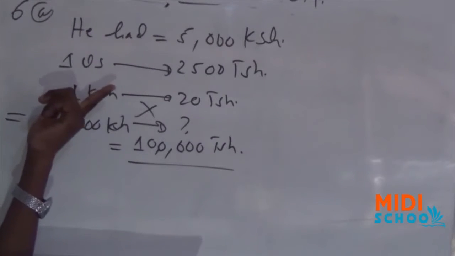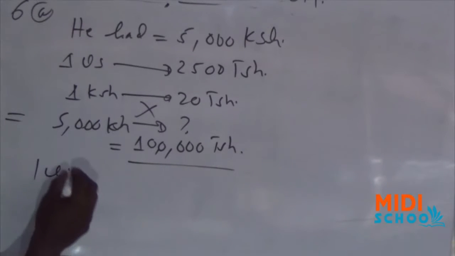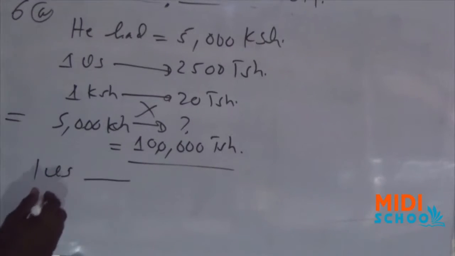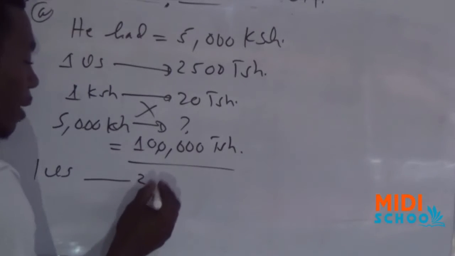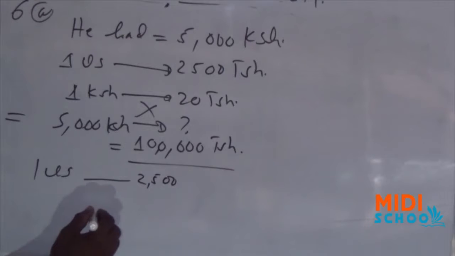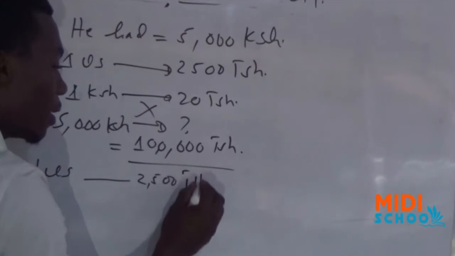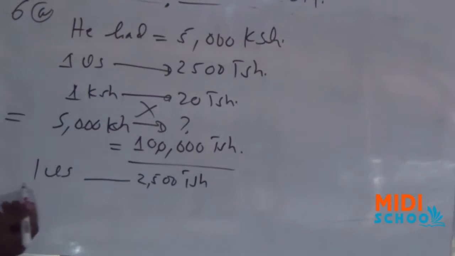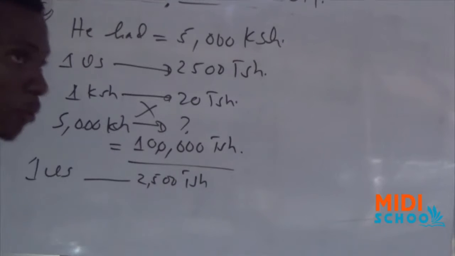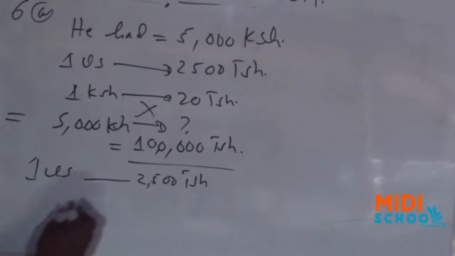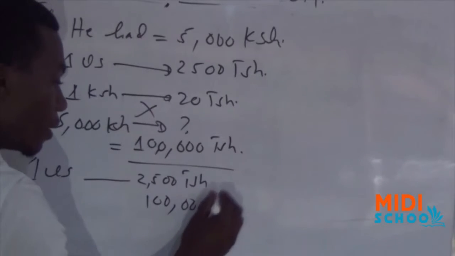We are told to convert the amount that he has to US dollars. But we know that $1 US is equivalent to 2,500 Tanzanian shillings. So if $1 US is equal to this, what about 100,000 Tanzanian shillings?